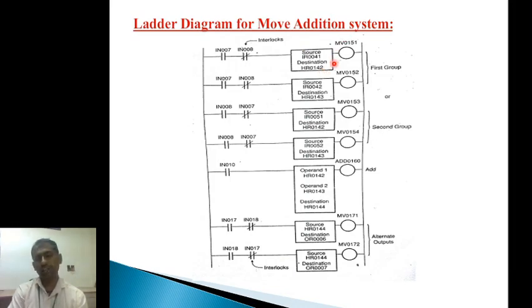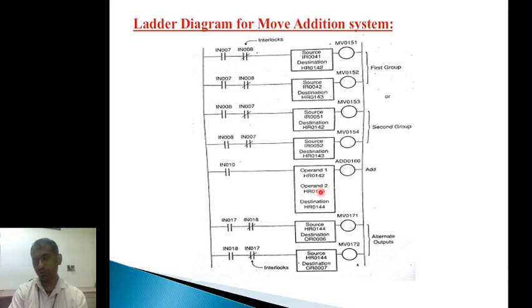When the moving is completed, this output coil will be on. And when IN007 is on, IR0042 data will be transferred to the HR0143. So in the arithmetic function, you have two holding registers, HR0142 and HR0143. Then what values are present now?